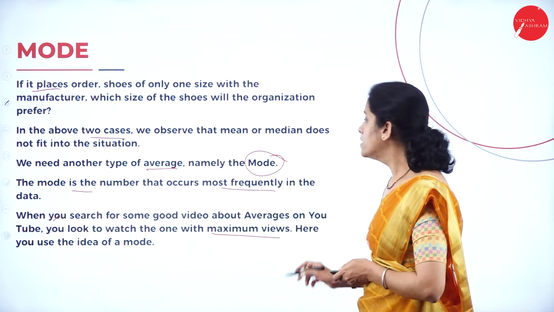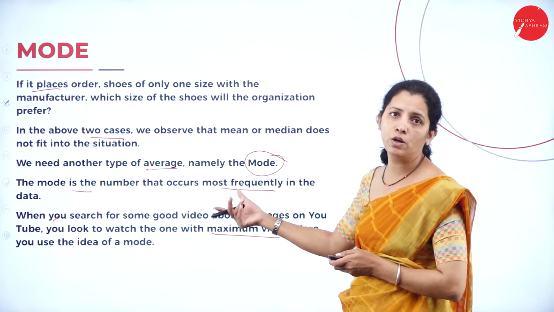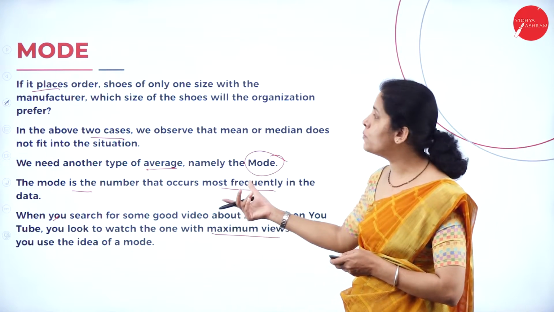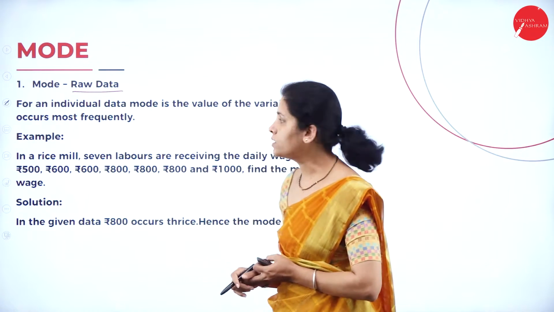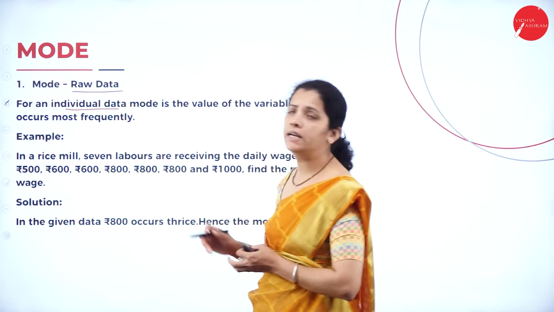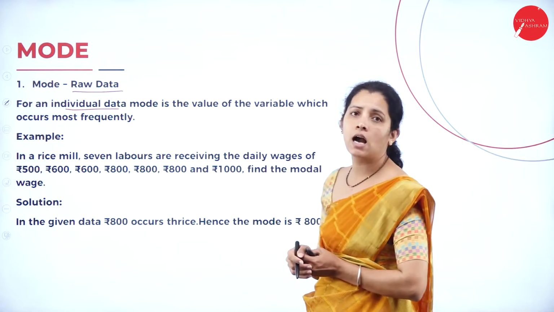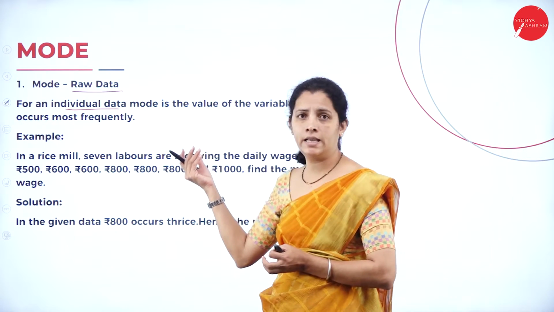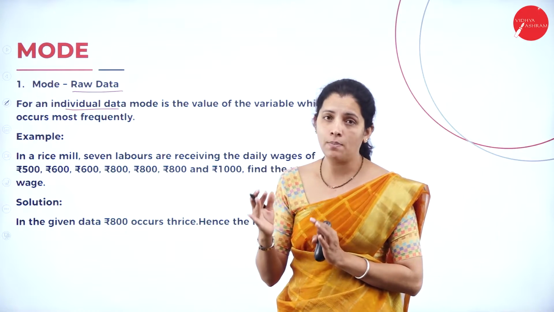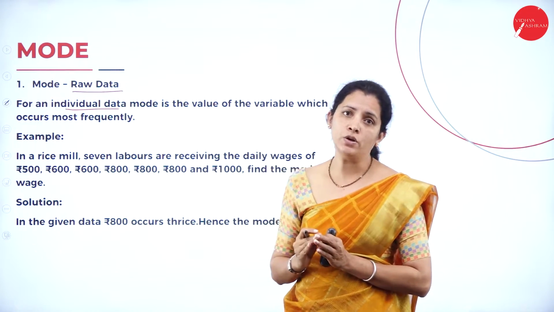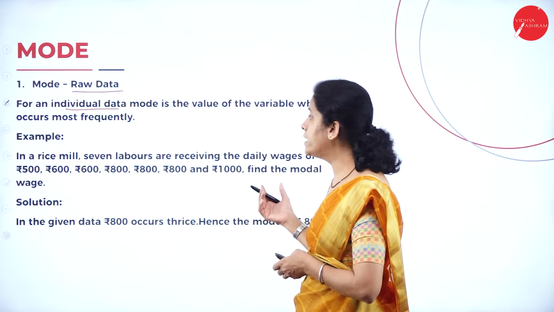So here you use the idea of mode. Here mode is for raw data. For individual data, mode is the value of the variable which occurs most frequently. Raw data means I have one set of observations, and in that I'm going to find the most frequently occurring value.